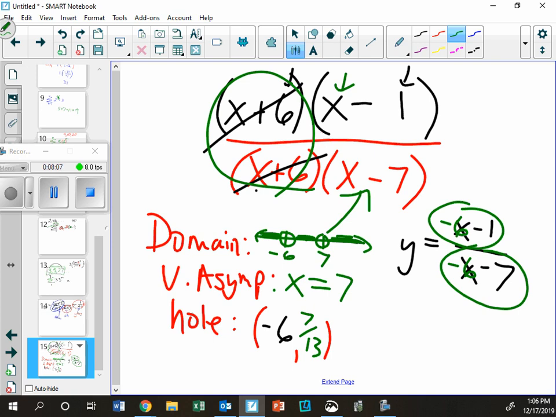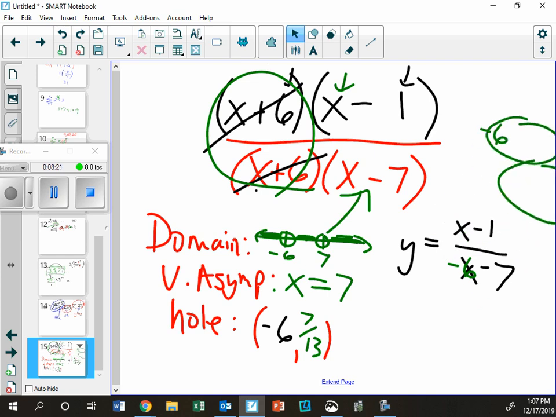Raise your hand if you had all of these right so far. Okay, awesome. Now here's the next level. What would the horizontal asymptote be? All right. Remember me saying there was 3 things? Bigger on bottom, bigger on top, or same on both. Remember, it's not about how big the numbers are, it's how big the degree is.